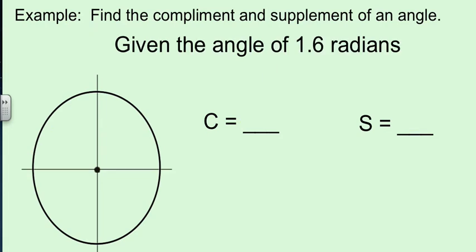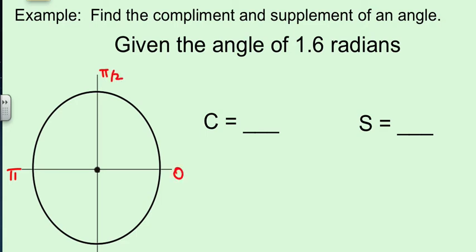Last example, given the angle of 1.6 radians, find the complement and the supplement. So we don't have an angle that has pi in it. So let's think about, what does pi represent? Here is our pi, here is our pi over 2, and here is our 0.